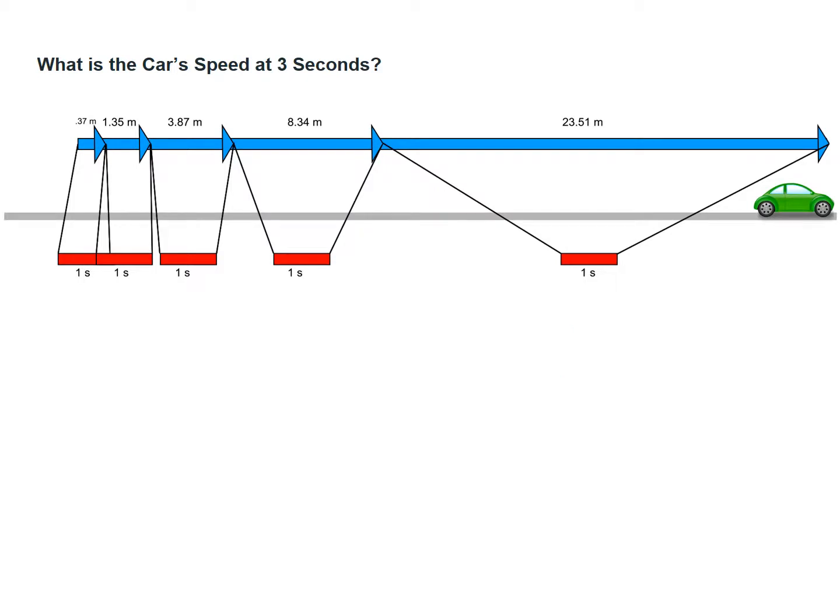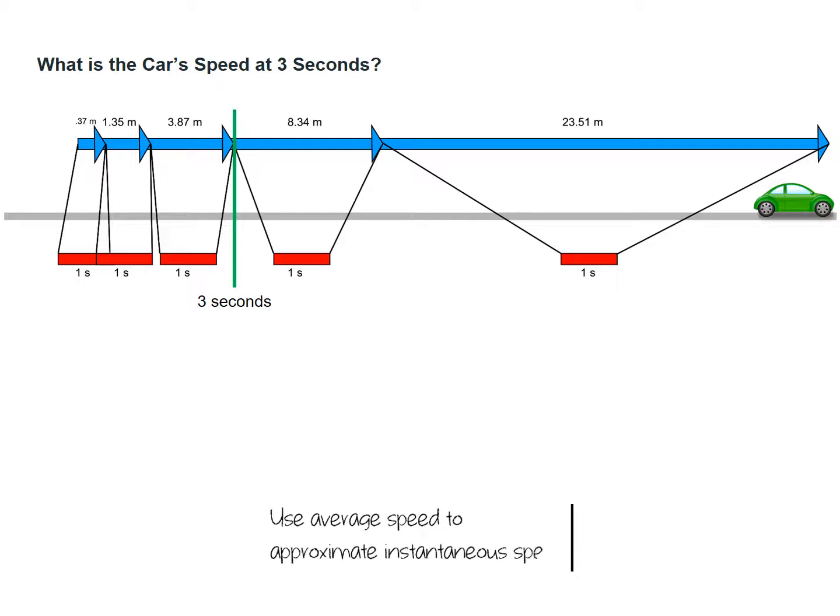Let's return to the question I asked at the beginning of the video. How can we approximate the speed of the car exactly 3 seconds after it began to merge onto the highway? Well, the general method is to use the average speed over an interval of time to approximate the instantaneous speed right at 3 seconds.